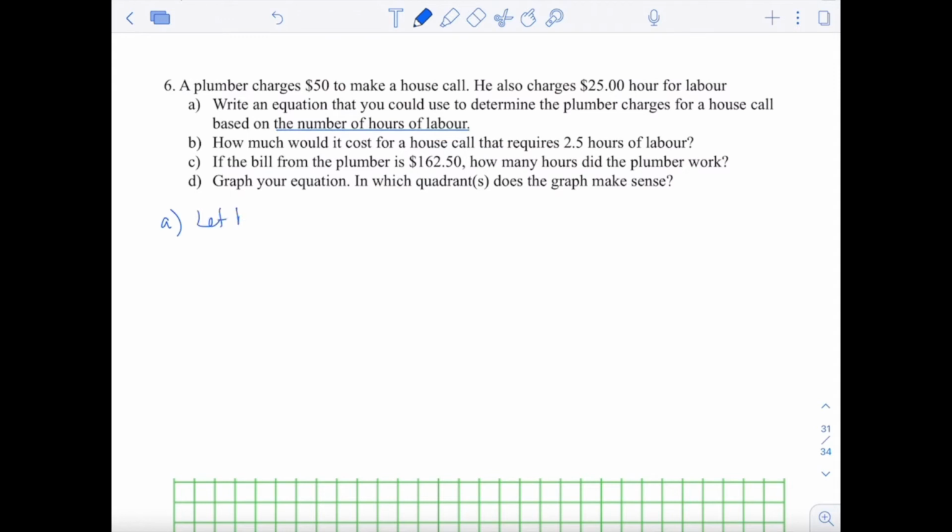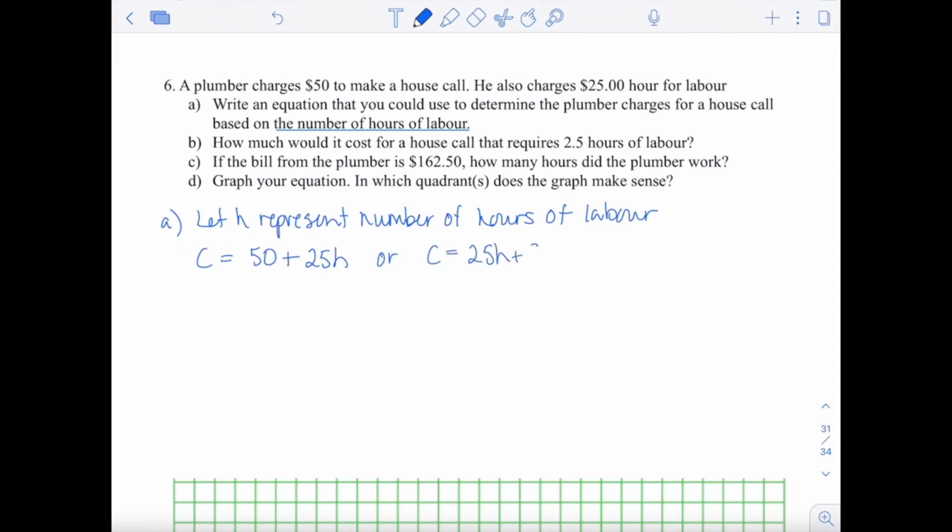So I'm going to let H represent the number of hours of labor, and the cost for this plumber is going to be $50 plus 25H. Let's rewrite it like this, 25H plus 50.